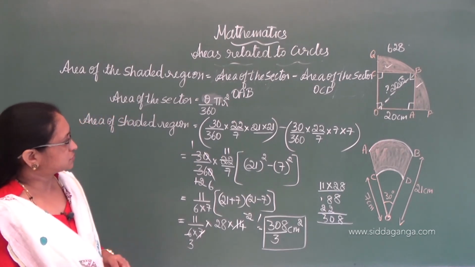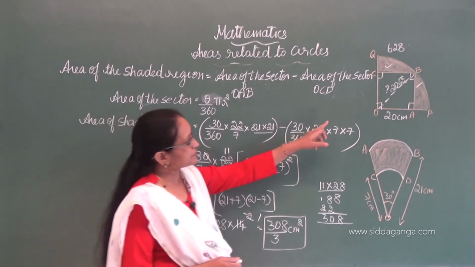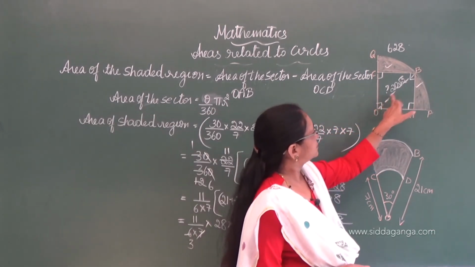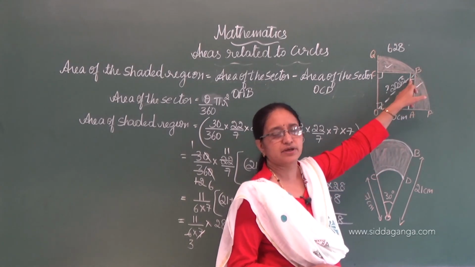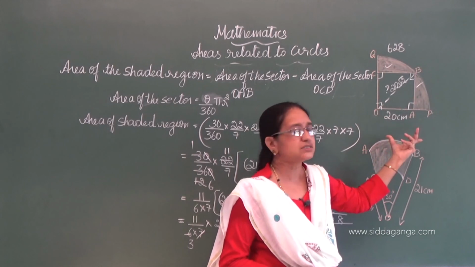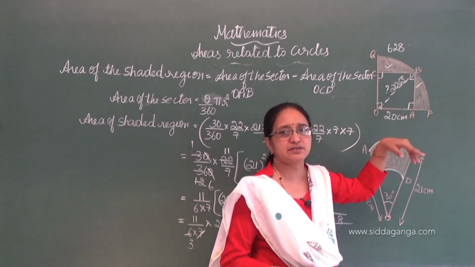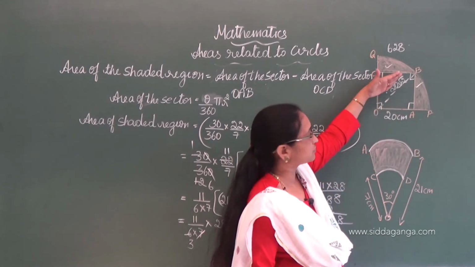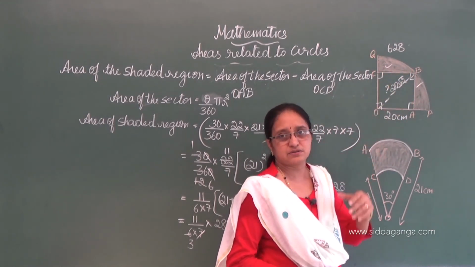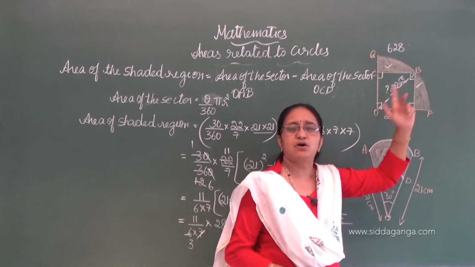So I have covered 2 problems in this class. In the earlier one, I told you that you have to find out the radius. By using the data given, the sides of the square, since we do not have any other data, you have to find out the diagonal. The diagonal is nothing but the radius of a quadrant.